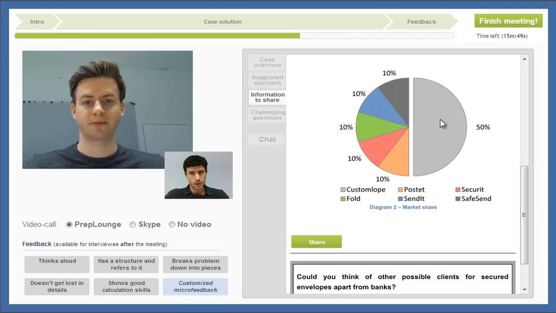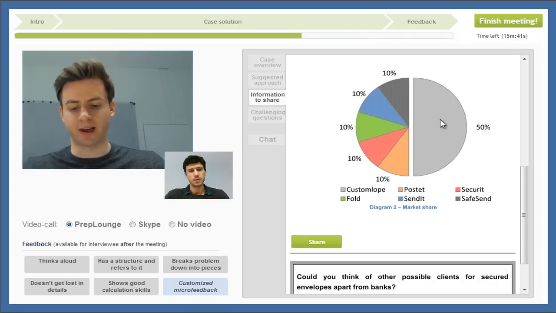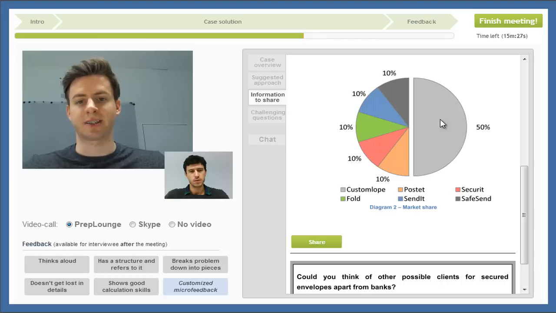Okay, so how much market share would that be? Well, if we keep our revenue at the 50 million and we know that the overall market is $75 million, that will be two thirds, so 66% market share.